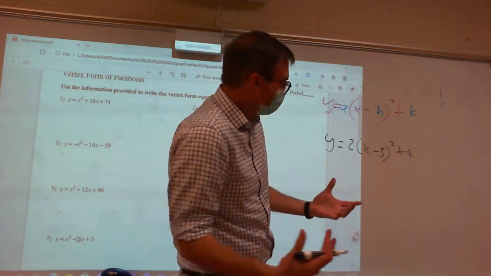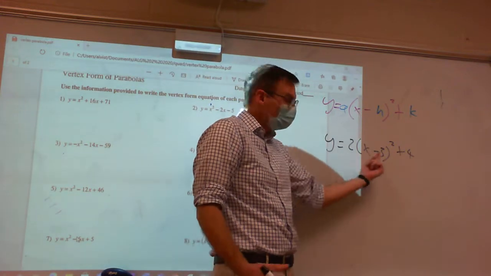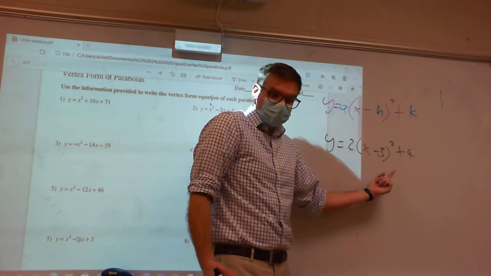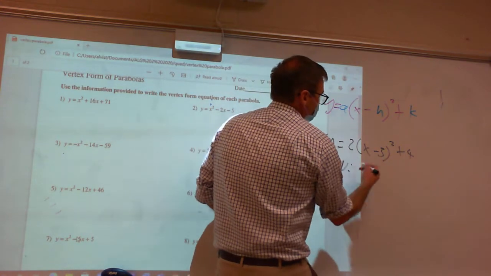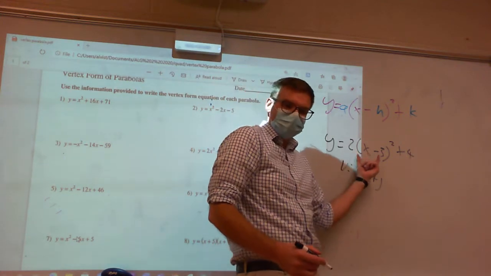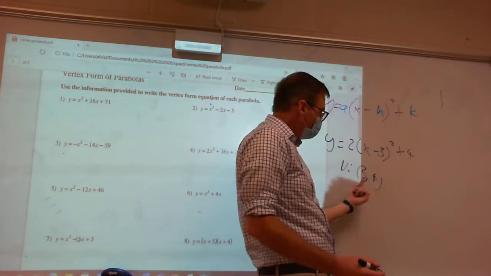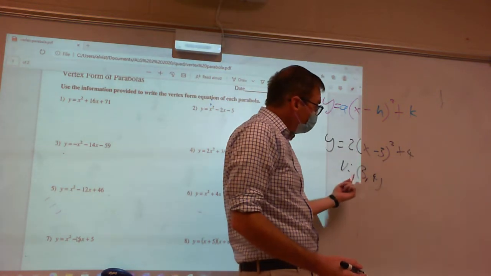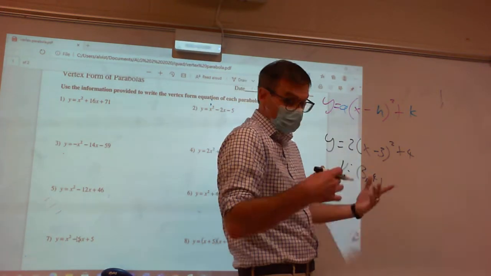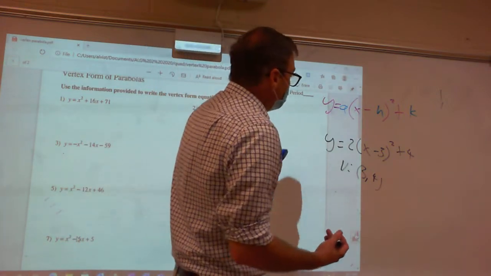It's easy to graph this parabola if it looks like this, because our vertex is going to be located at (3, 4). This is telling us shift it to the right 3, shift it up 4, and so our vertex is at (3, 4). So if it looks like this, we know what our vertex is. All right? Let's go backwards.